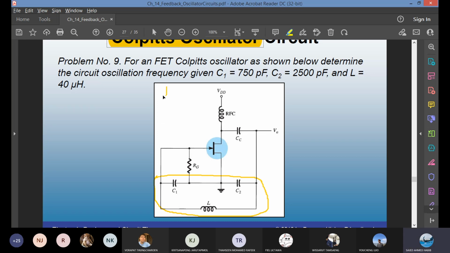Let me write the formula here. 1 over 2 pi, and then take a square root of LC. C has to be C equivalent.